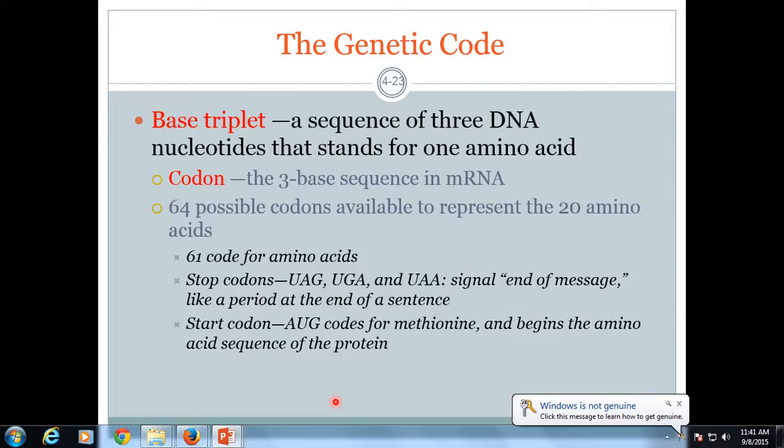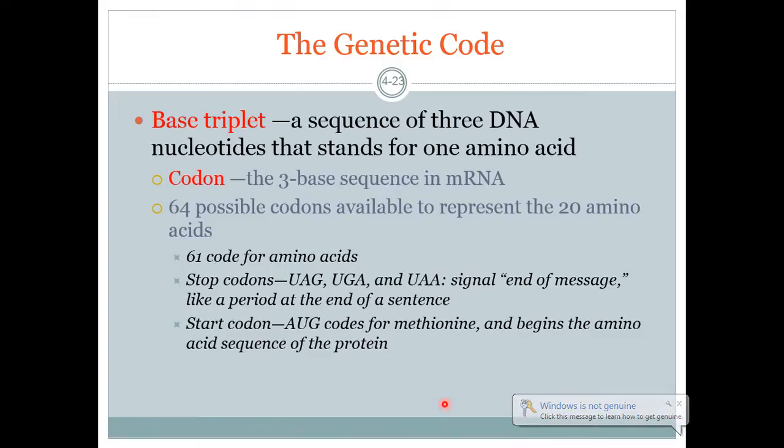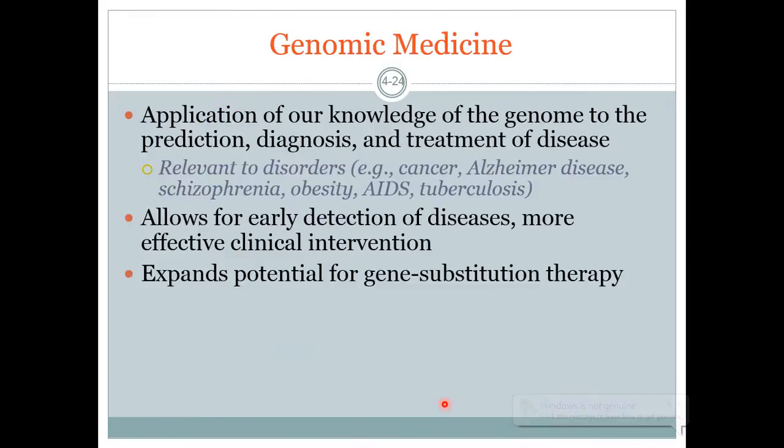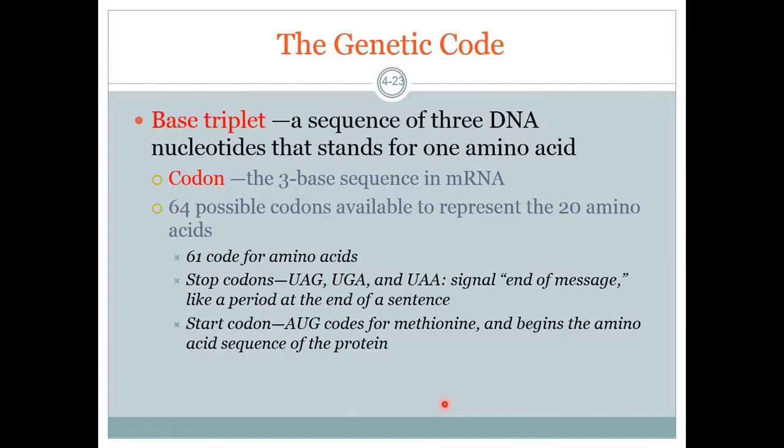Okay, so in your textbook on page 119, you'll see the table, and it'll give you the various codes for starting. You already know that methionine, which is abbreviated MET, is your start codon.